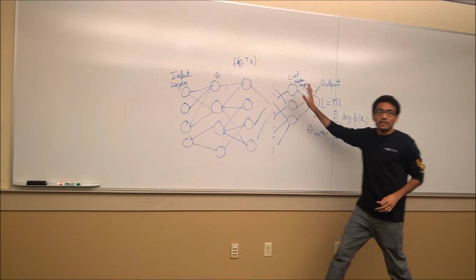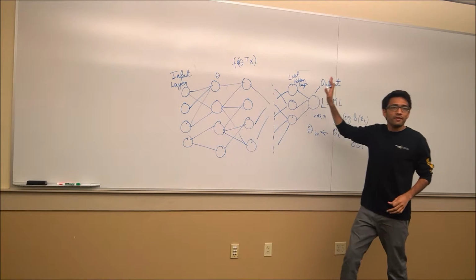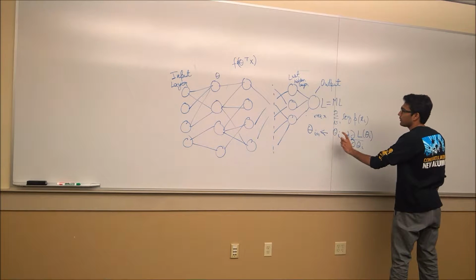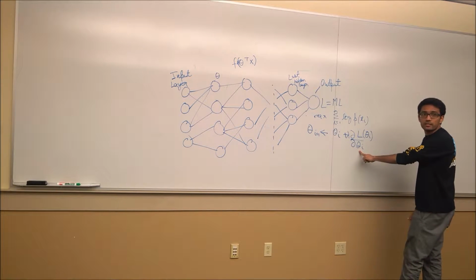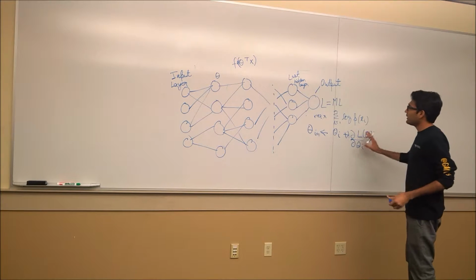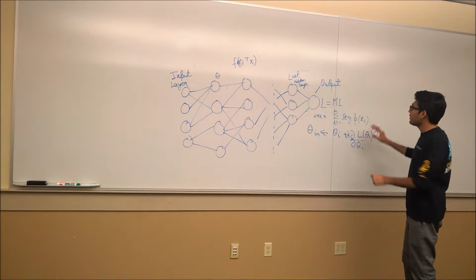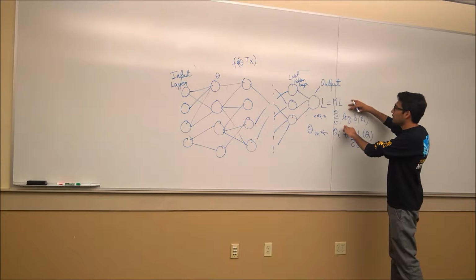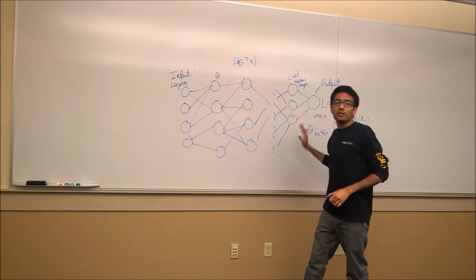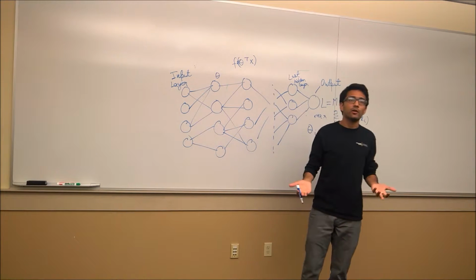So for each of the theta, literally all the parameters that we have, we need to be able to compute the derivative of the loss function with respect to that theta, right? And then finally, once we've updated all theta, we will know the new loss that we have, and then maybe we can keep doing this until the loss is sufficiently low.